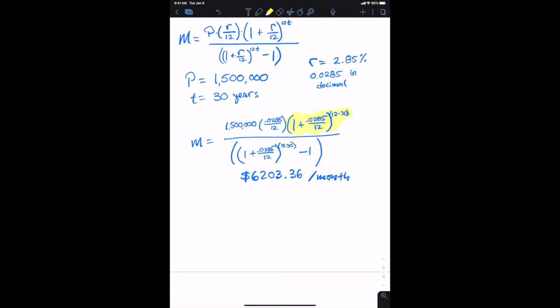Same strategy for the denominator: do the part with the exponential first, then subtract the 1. Then take the result from the numerator and divide it by the result in the denominator. So that's what we're going to try and do.